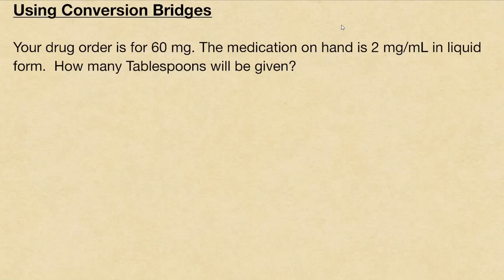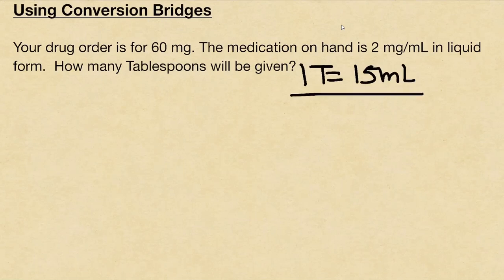Some of these questions will just rely on some of the conversion factors that you've had to memorize in the past. How many tablespoons are in a milliliter? If you remember, for every tablespoon, there is 15 milliliters.